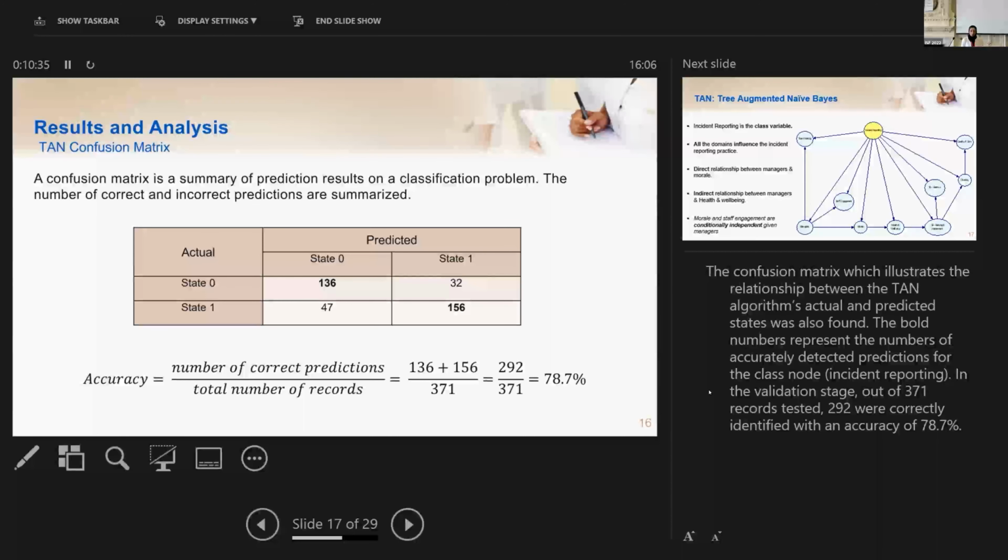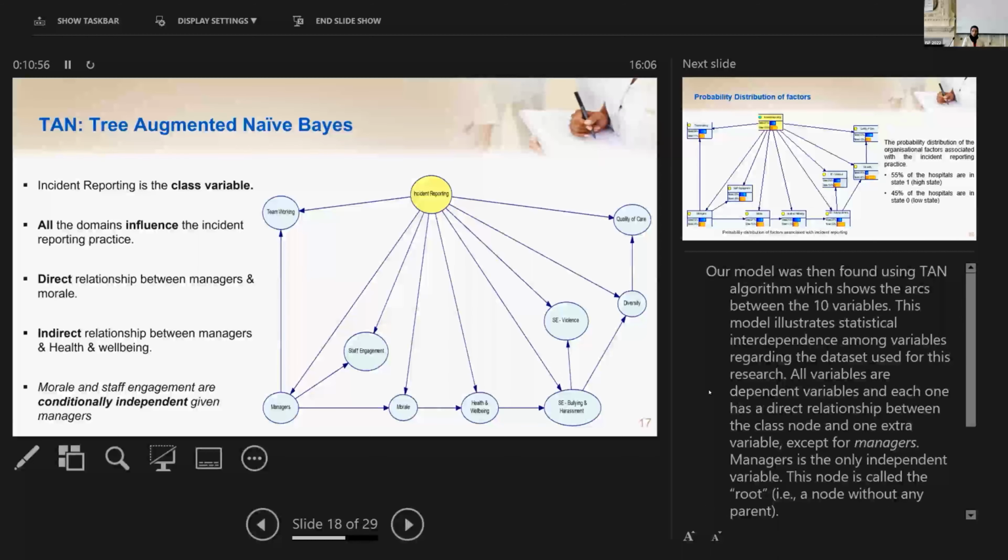The numbers in bold denote the correctly predicted values of the class node, which is the incident reporting. In the validation stage, out of 371 records tested, 292 were correctly identified, giving us the accuracy of 78.7%.